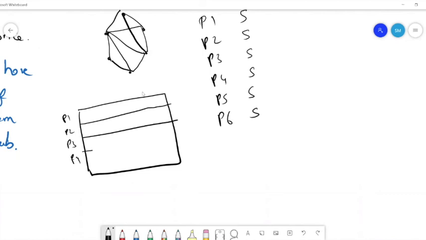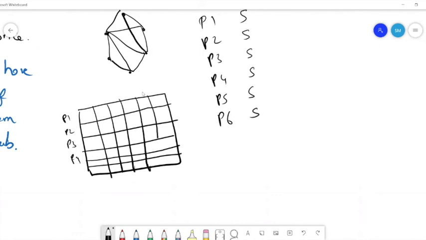So P1, P2, P3, P4, P5, P6 along both rows and columns. If there's a game between 2 people, you can just put a 1, otherwise a 0.